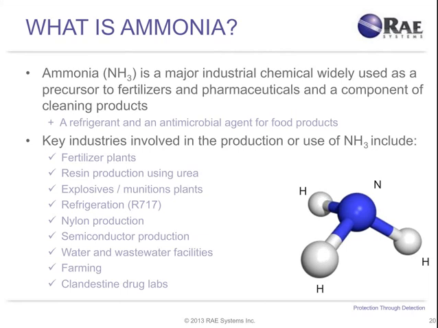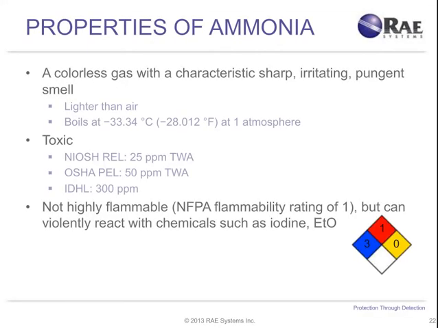One additional example is that ammonia is actually used to produce munition, and it results from its chemical properties. So ammonia is a colorless gas, but it has a very sharp, characteristic, very irritating and unpleasant odor, right? And I'm sure all of us have smelled ammonia at one time in our lives.